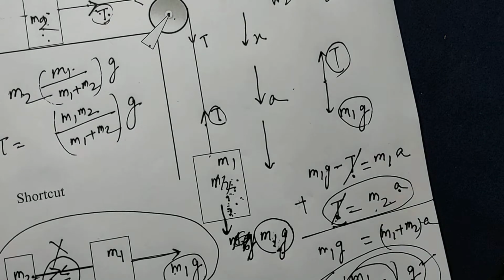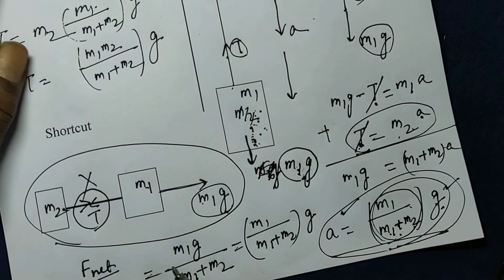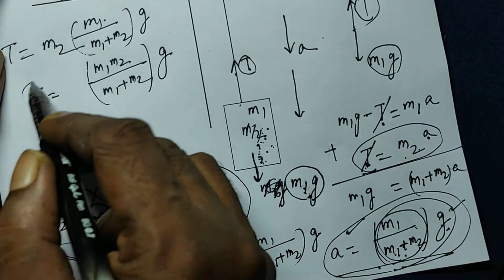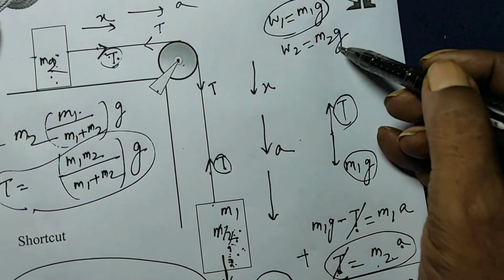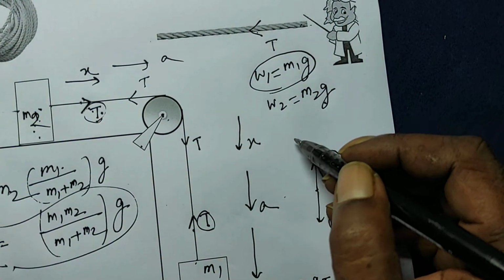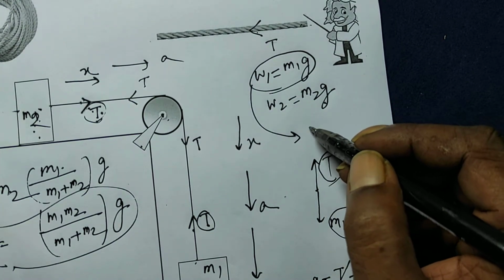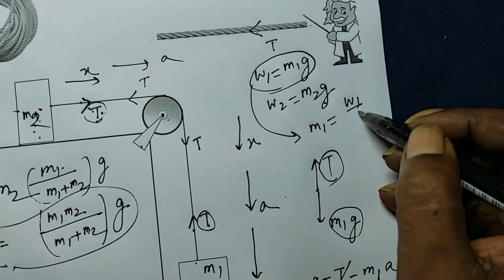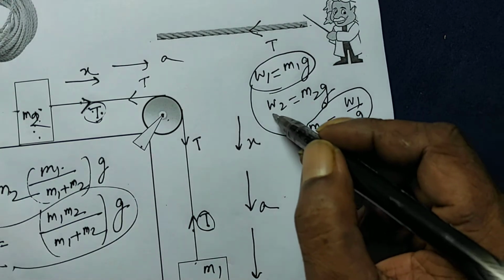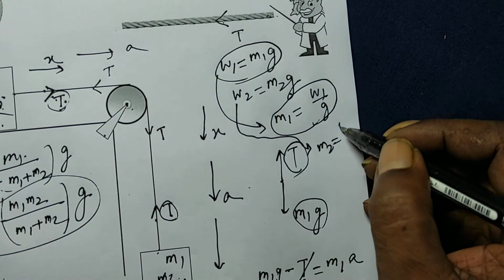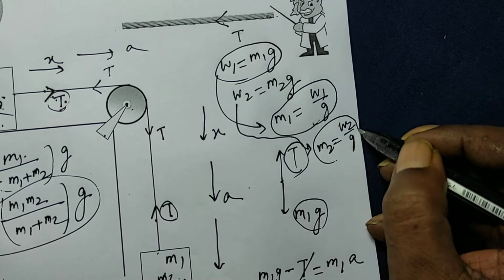So you can rewrite the expression for acceleration and the expression for tension in terms of w by substituting from here m1 is equal to w1 by g, and from here m2 is equal to w2 over g, right?